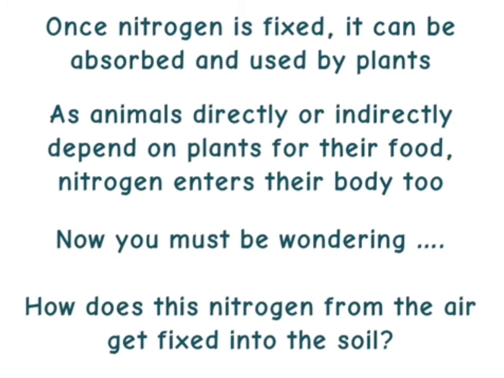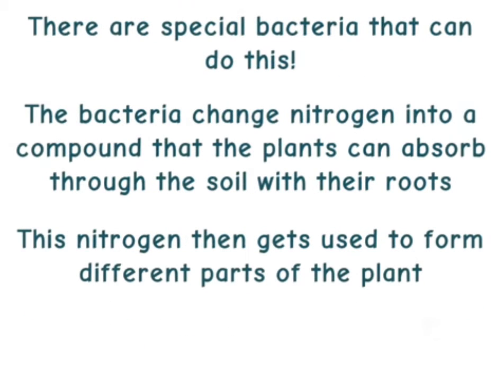Now, you must be wondering, how does this nitrogen from the air get fixed into the soil? There are special bacteria that can do this. The bacteria change nitrogen into a compound that the plants can absorb through the soil with their roots.